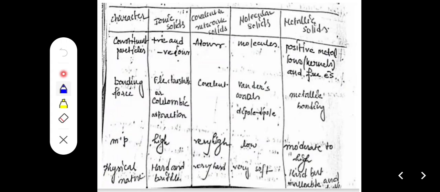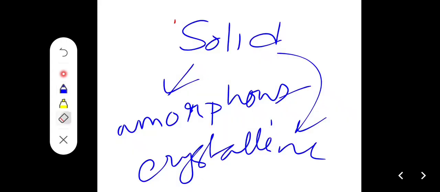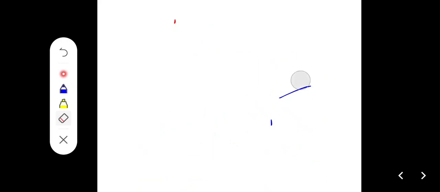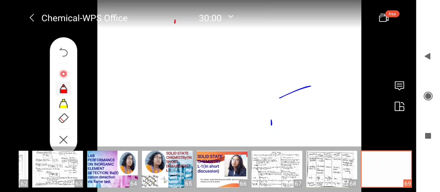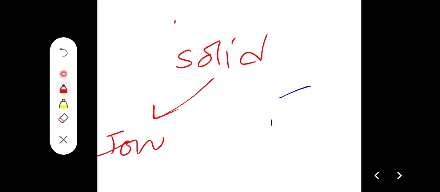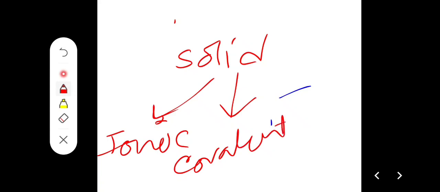Now we consider solids. If we consider their force of attraction and the concept of bonding, they should be divided into three categories: ionic, covalent, and coordinate.